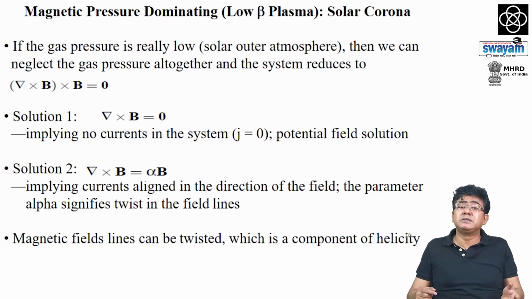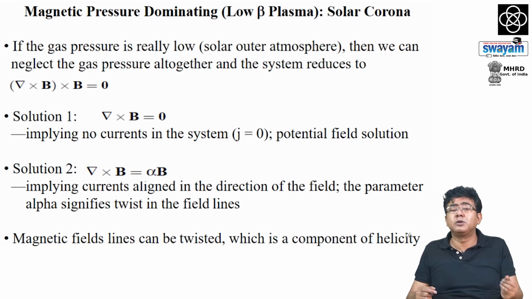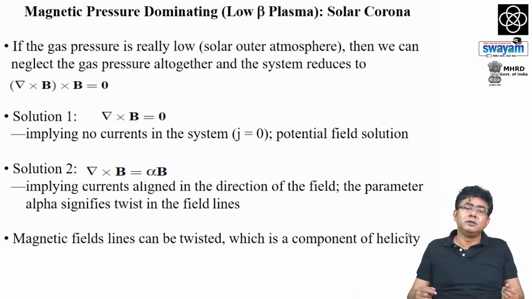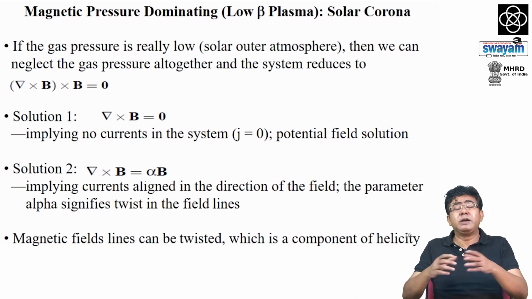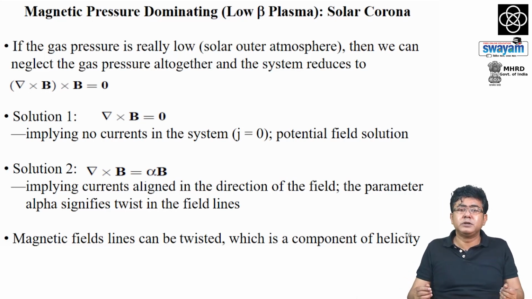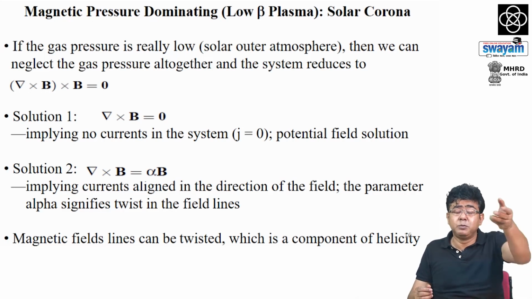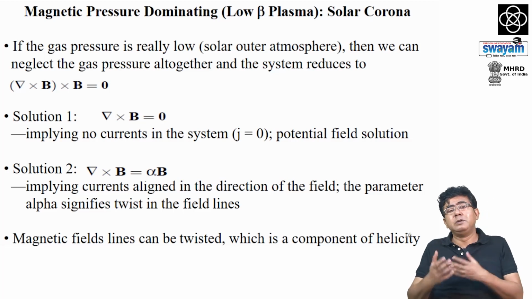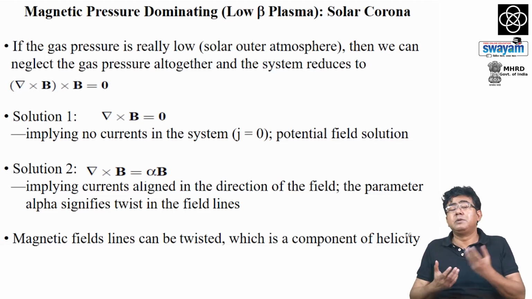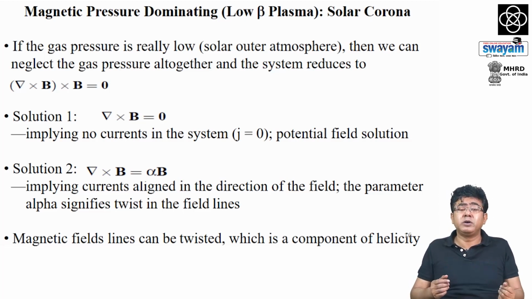This also signifies helicity content in the magnetic field lines, and we know that this plays an important role in the dynamics of magnetic flux tubes in the outer atmosphere of the sun. That magnetic field lines can be twisted, they can be helical, which stores some excess energy over the potential field, which is available for release in, for example, heating the solar corona or powering solar storms, right.